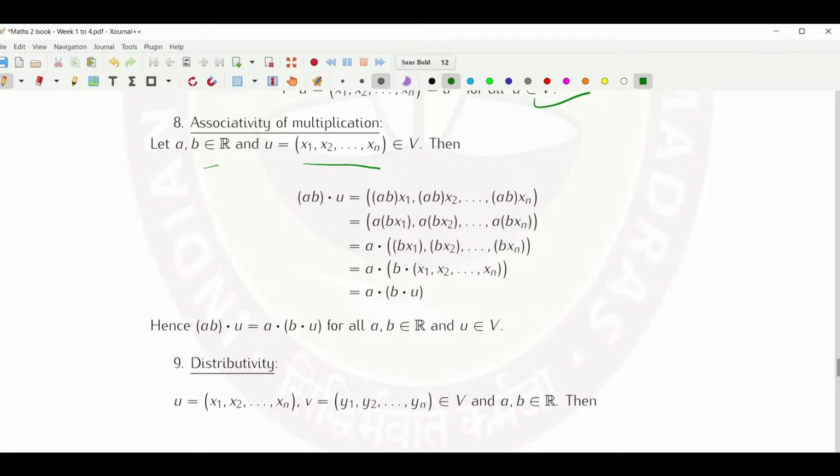So it will be (a dot bx1, a dot bx2, ..., a dot bxn). Let's take the common a, it will be a dot (bx1, bx2, ..., bxn). Let's take the common b also, then it will be a dot b dot (x1, x2, ..., xn). So a dot b dot u. So it is associativity of multiplication.